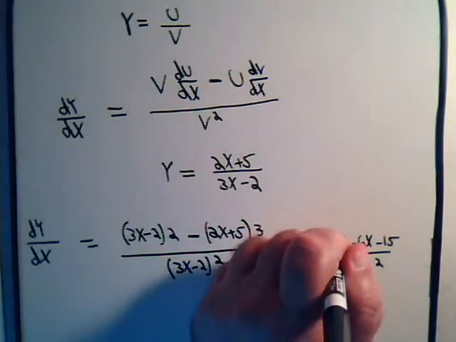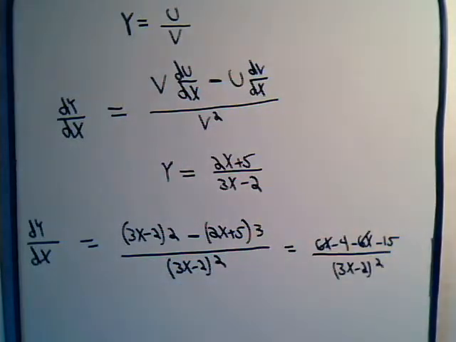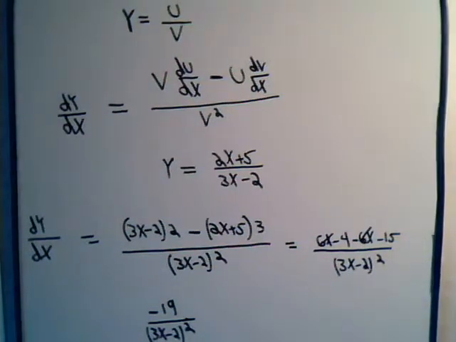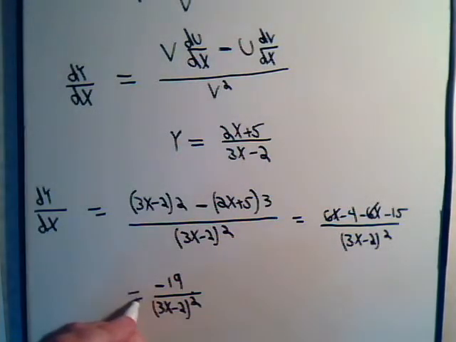And looks like we'll have some cancellations. 6x minus 6x. Negative 4 minus 15, that's negative 4 plus negative 15. So that's minus 19 divided by 3x minus 2 squared. And that is our dy dx. So you see, it's not such a terrible thing. When you start working problems with the formula, you get pretty used to it.